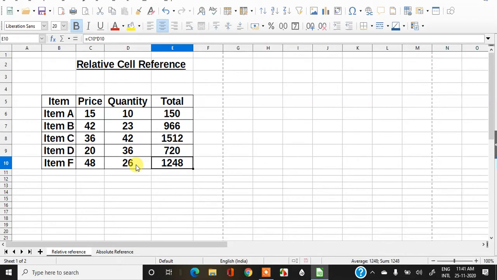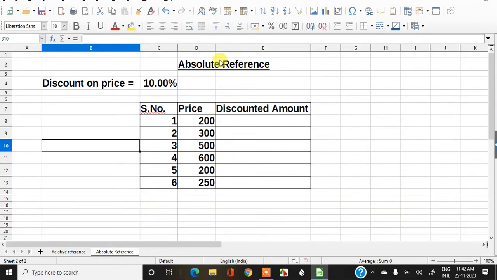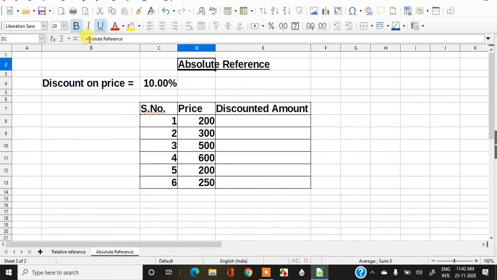Now coming to another topic, that is absolute cell reference. I'm coming to another sheet. So here is the absolute cell reference sheet. I am writing here: this is absolute cell reference.